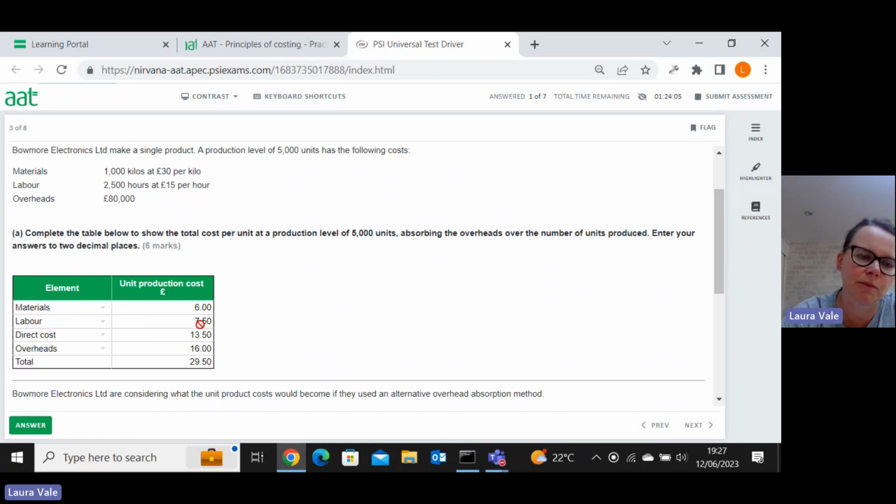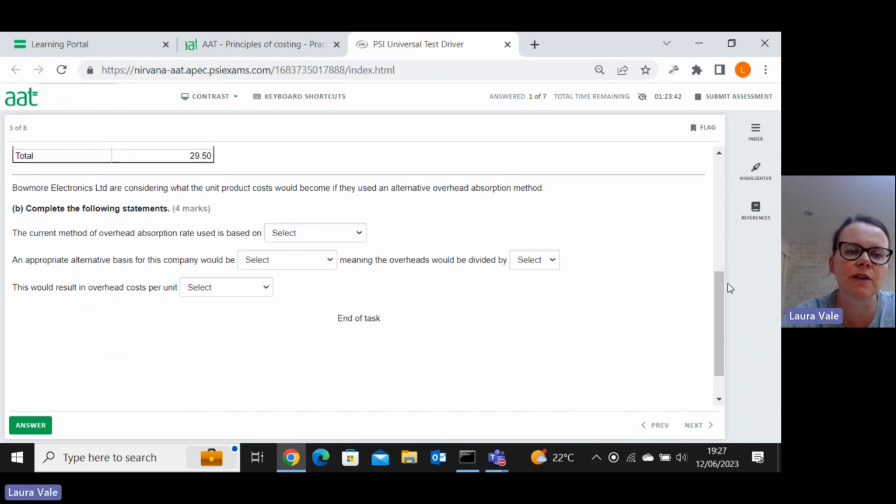Just one other thing to mention, when you get a question like this, make sure it looks reasonable. If you suddenly had the urge to type £80,000 in for the overhead, it doesn't look sensible. So it would cause you to question what you had done, hopefully.